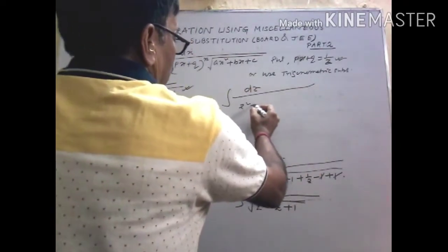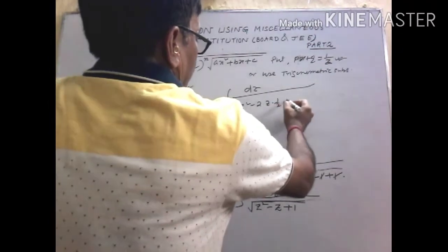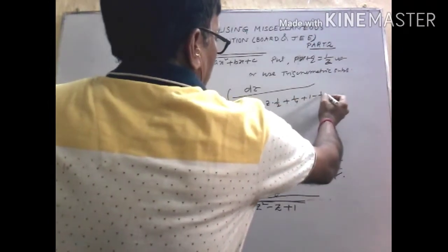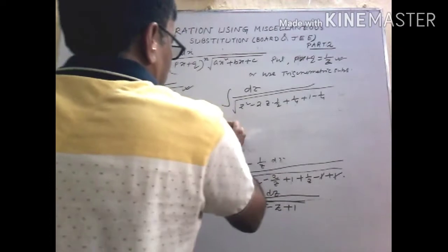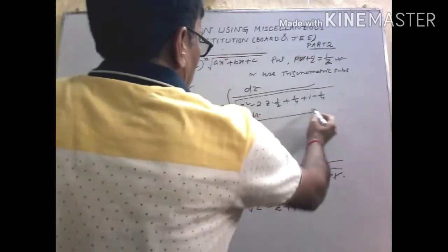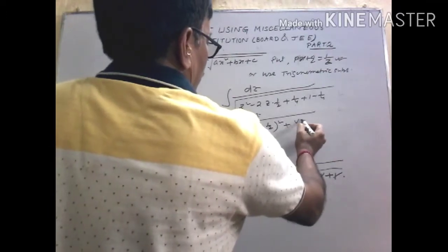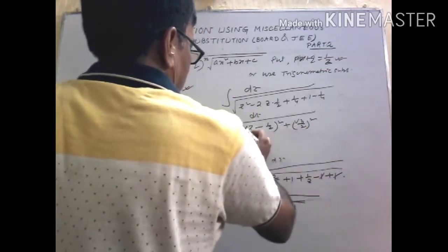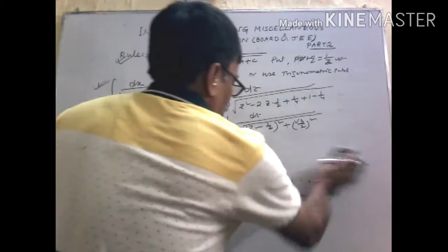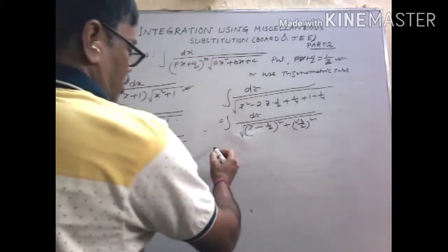So z square minus 2 into z into half, plus 1 by 4, 1 minus 1 by 4. So dz by root over (z minus half) whole square plus (root 3 by 2) whole square. So this is of the form root over x square plus a square.